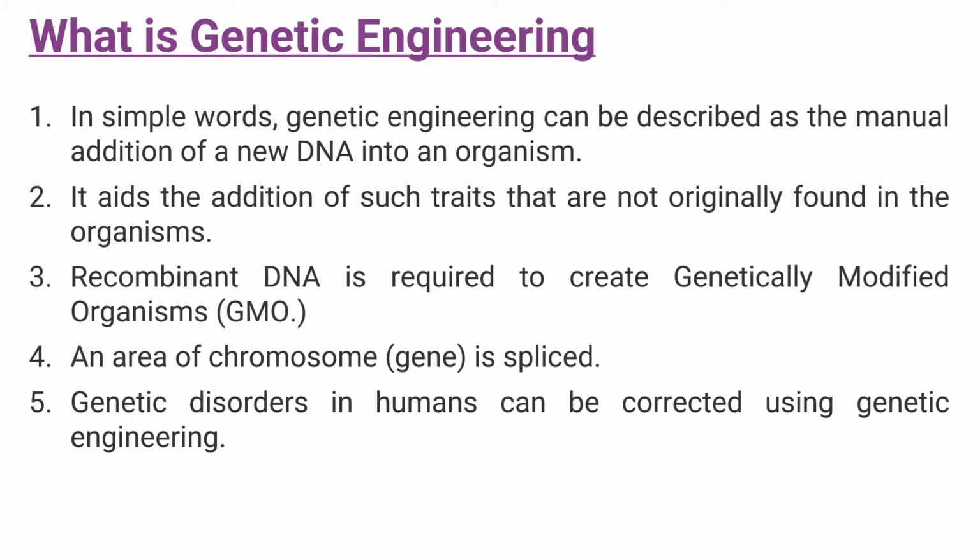The recombinant DNA is required to create genetically modified organisms. That means we simply cannot cut and paste the gene. We require an intermediate molecule which will act as a vector to transfer the gene containing the desired trait from one organism to another organism.